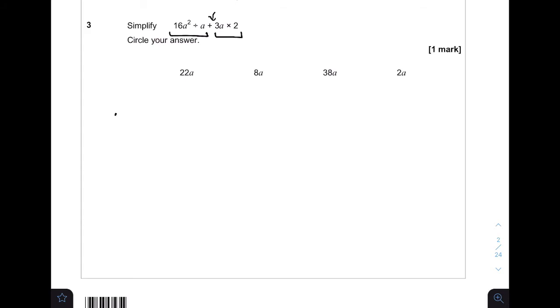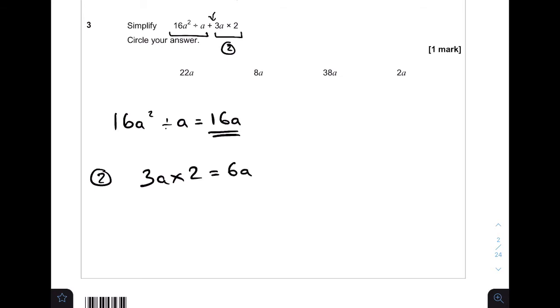So we'll start by putting 16a squared divided by a, and that's basically 16a. So we have that piece here. And then we've got the second piece here, which we're dealing with. So we have 3a times 2, and we know that's 6a.